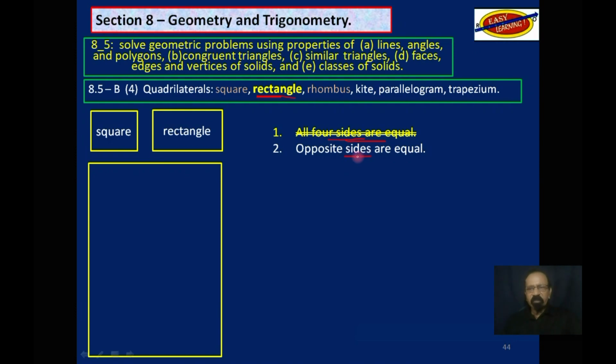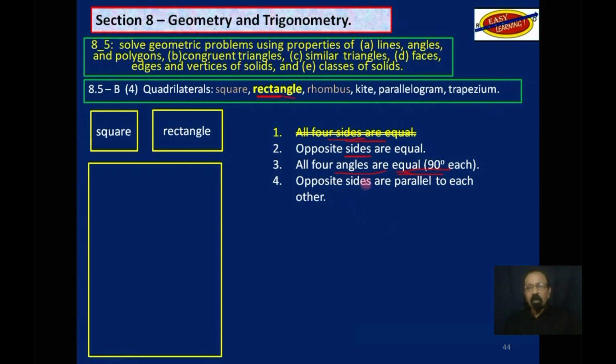However, opposite sides are equal to each other. And all four angles are equal to each other, which is 90 degrees, just like in the case of a square. Opposite sides are parallel to each other, just like in a square. Diagonals bisect the angles to which they are connected. Now, this does not apply for a rectangle.